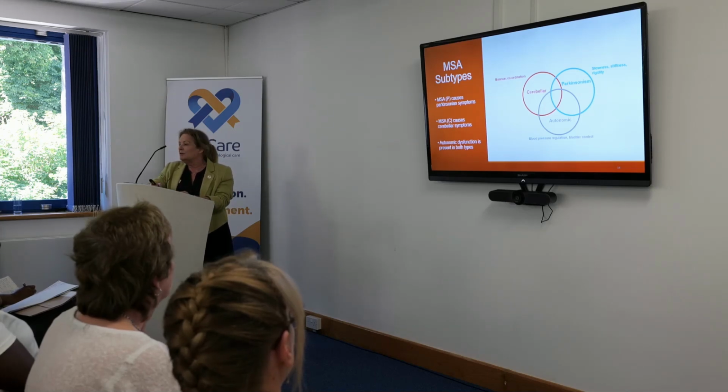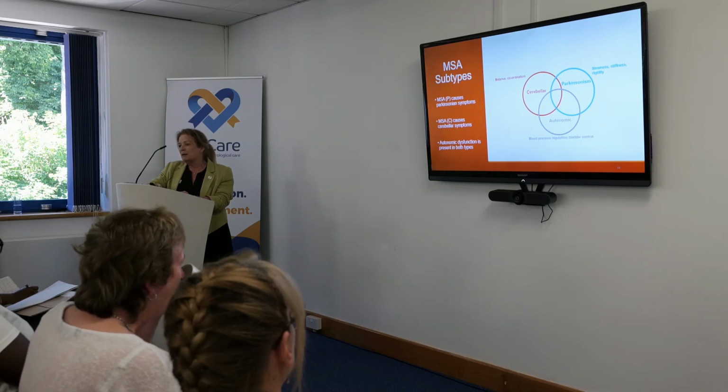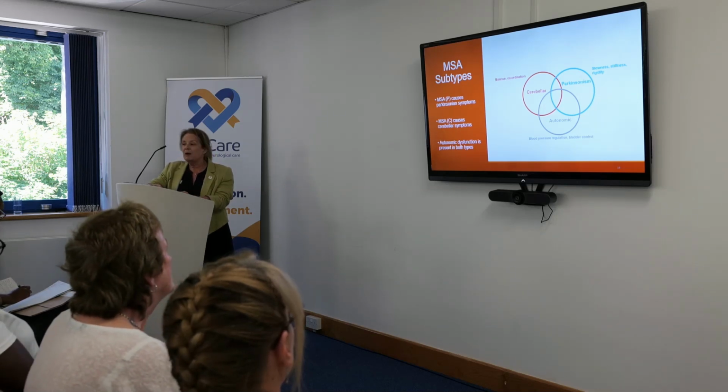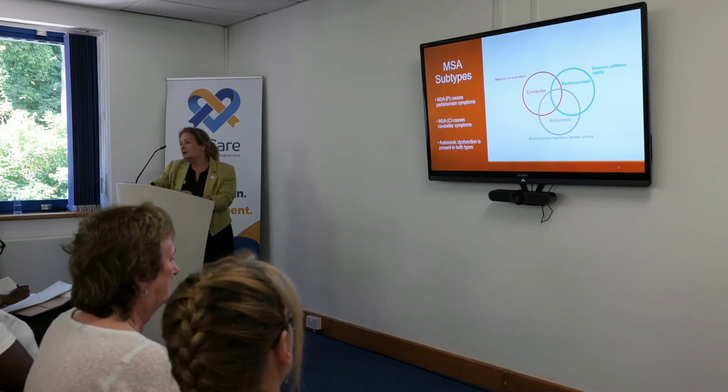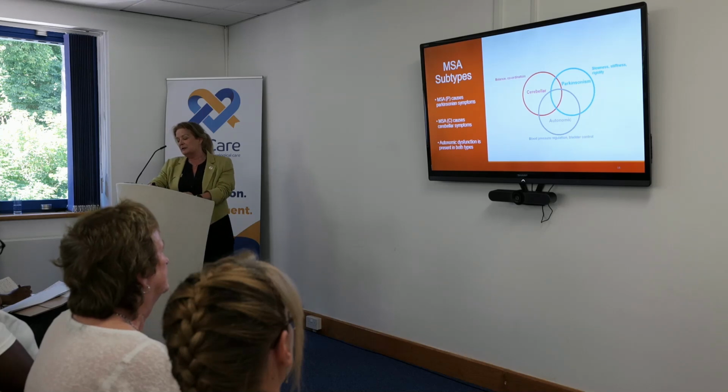But they will all have autonomic disturbances early in their presentation. If they haven't got autonomic disturbances of both bladder, bowel, and blood pressure regulatory problems, they're very unlikely to have MSA. We would, of course, see those things later on in Parkinson's disease, but certainly not in early presentation.